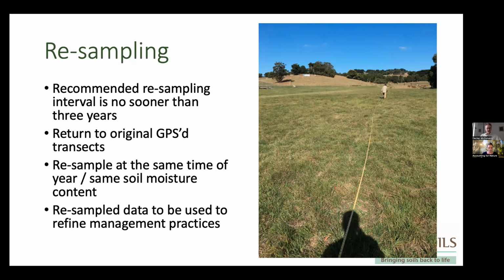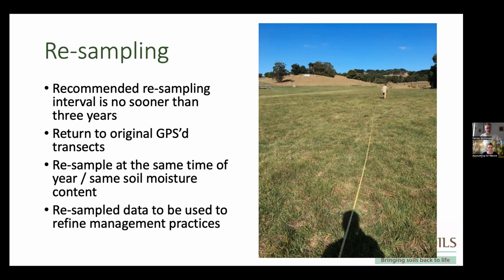But in terms of changes in organic carbon, we're just going to get a lot of noise. If we sample 12 months later, we could get a higher result. We could get a lower result. And that's based on the sampling intensity that we've employed in this level 3 method.